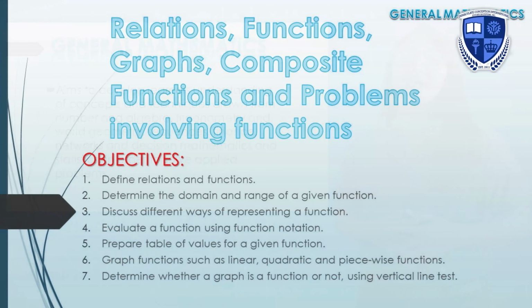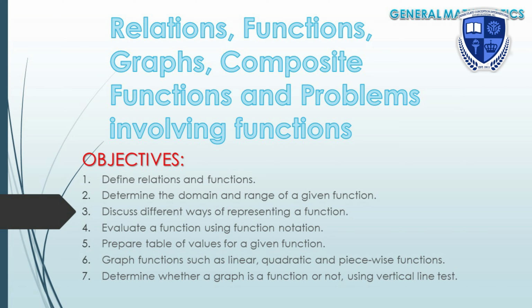So now, class, our lesson that we will tackle is relations, functions, graphs, composite functions, and problems involving functions. Our objectives: 1. Define relation and functions. 2. Determine the domain and range of a given function. 3. Discuss different ways of representing a function. 4.